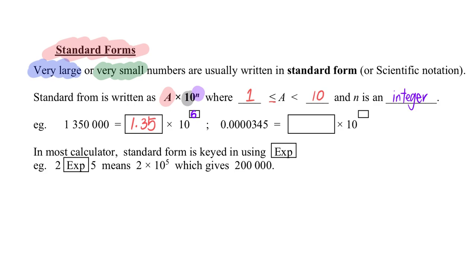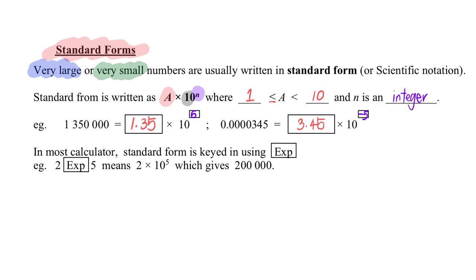Also, for a very small number like 0.0000345, I could rewrite it as 3.45 times 10 to the power of -5.